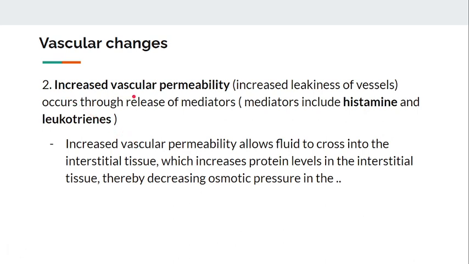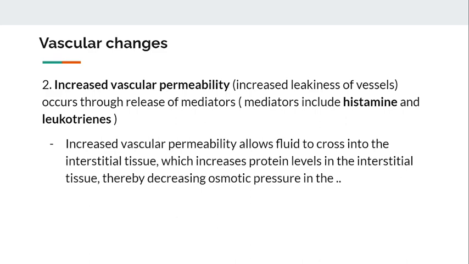Then we have increased vascular permeability. From what we are saying here, we just mean that the permeability of the endothelial wall increases, and it increases because there will be constriction of those endothelial cells, to allow the permeability of the plasma fluid as well as the cells of inflammation.